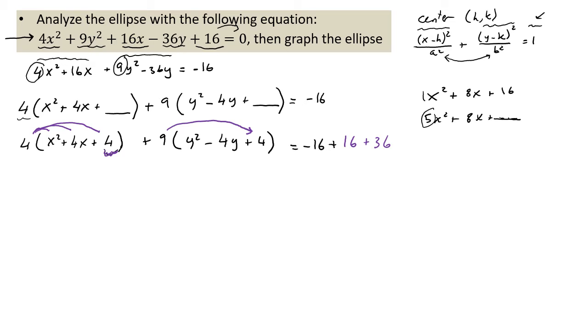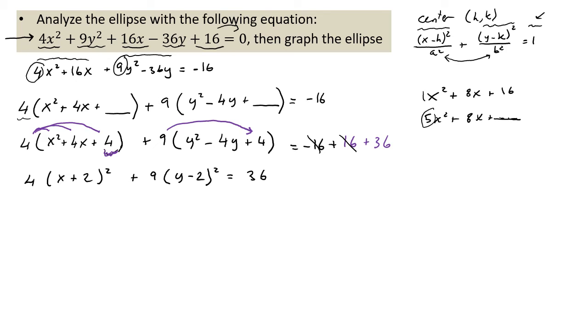Okay, so now we can complete the square. So we get 4 times (x plus 2) squared plus 9 times (y minus 2) squared is equal to, the right-hand side now, the 16s are going to cancel, so we end up with 36.